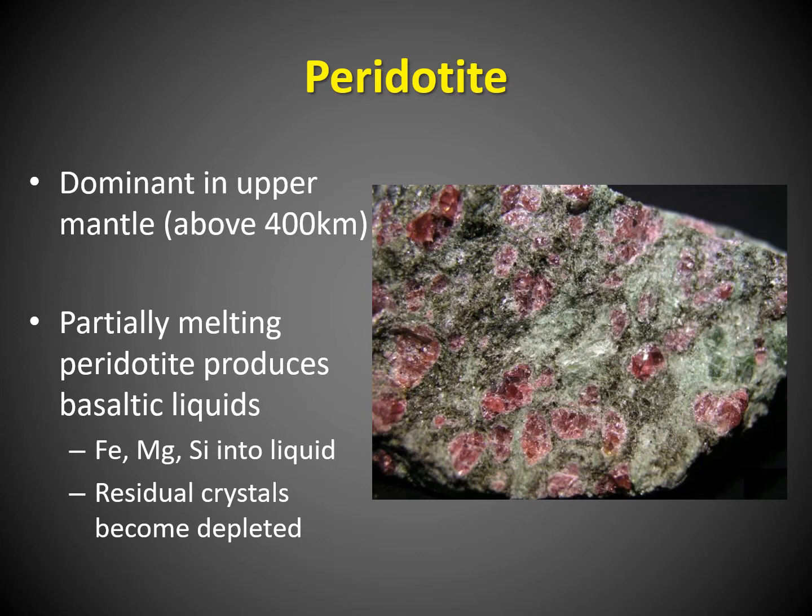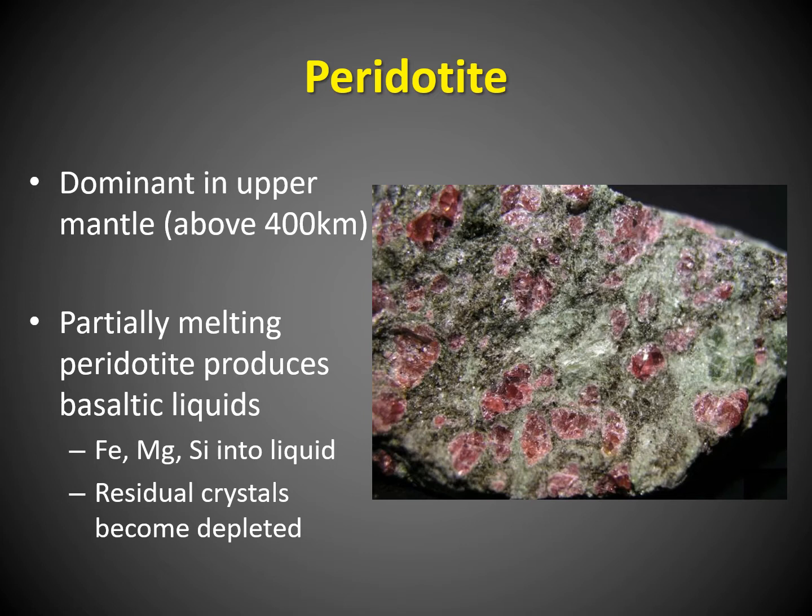Those are the three primary constituents that we find in basaltic magmas. So if you take a peridotite and you only melt 5 to 15% of it, you end up with basalt. And we'll look at phase diagrams in a bit to try to explain how that actually happens.